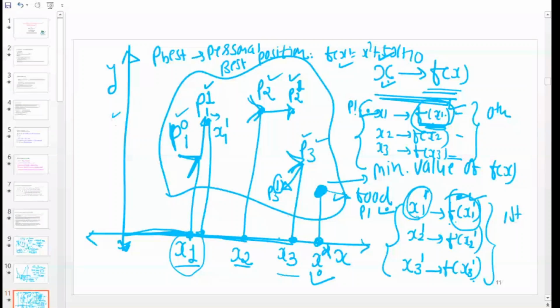What is the meaning of personal best position? It means we compare the function values of each particle, and corresponding to the minimum function value, the x value is known as the P best value. This concept in PSO is known as the personal memory.